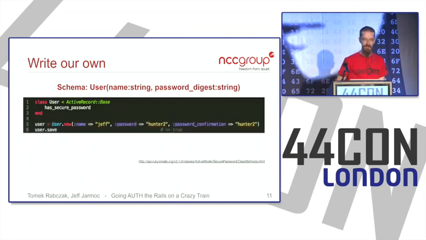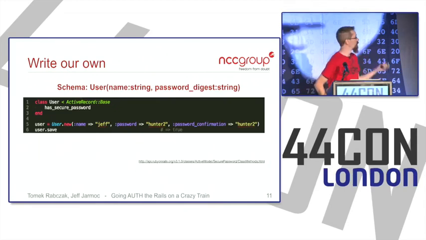So we get some convenience methods here. When we create our user, we provide the name, and we can see that the name exists in the schema, but we have this password and password confirmation value, and those don't actually exist in our database schema at all. Those are provided by the has secure password gem as convenience methods to set a password. So password confirmation there, if it's provided, must match the password.